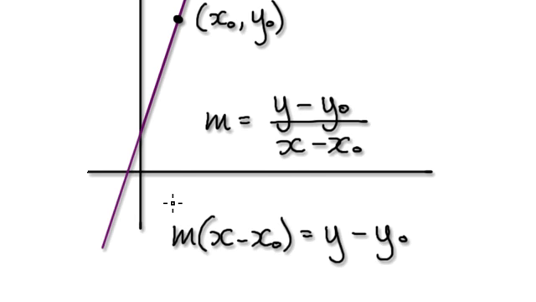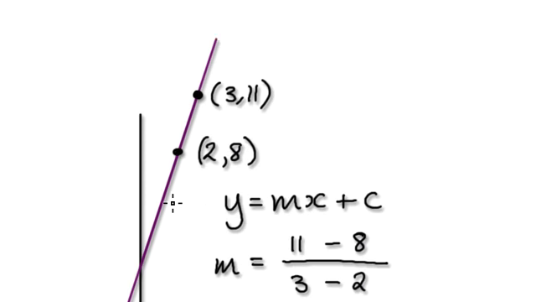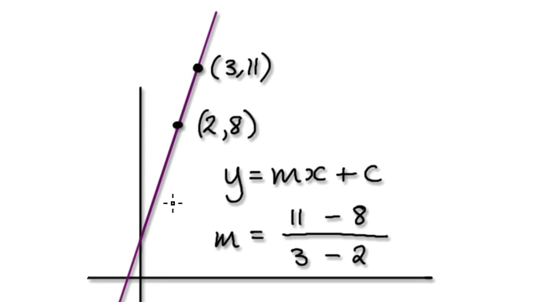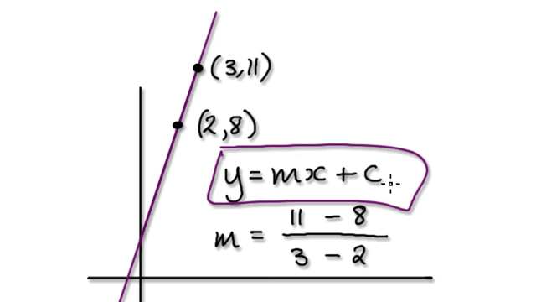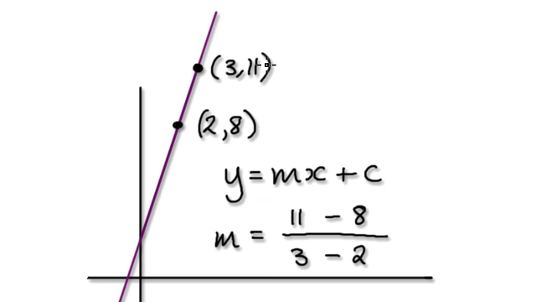And the reason why it works is because of this. The reason why it works is because normally, suppose you're given a straight line and it passes through two points. So normally we would start out with y equals mx plus c. We need to know the gradient. So in this case, we would need to get the height here divided by the across here.